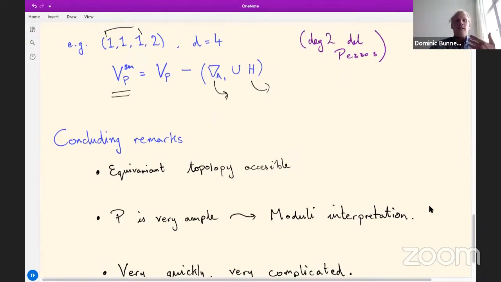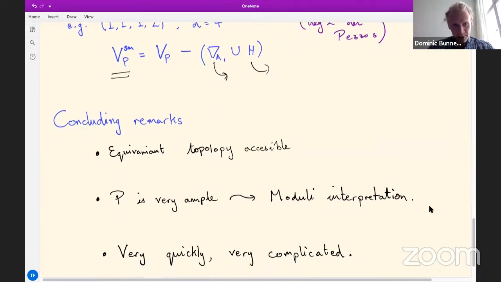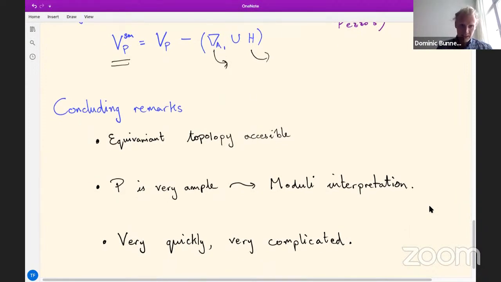So just some concluding remarks then. I haven't mentioned anything about any group actions or symmetries here, but within this vector space VP, there is a huge amount of symmetry, okay?